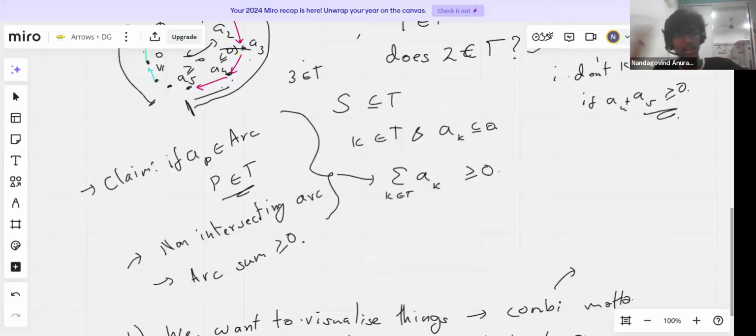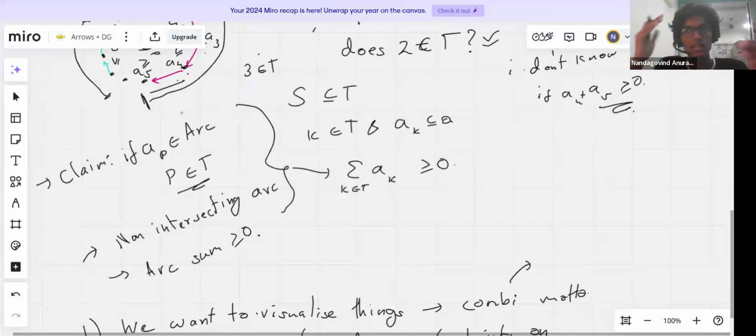The idea is that when you're solving a question yourself, you want to be able to visualize the question in your head so you can understand it better.